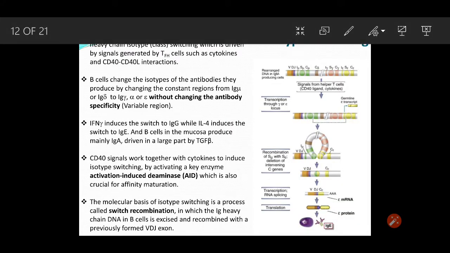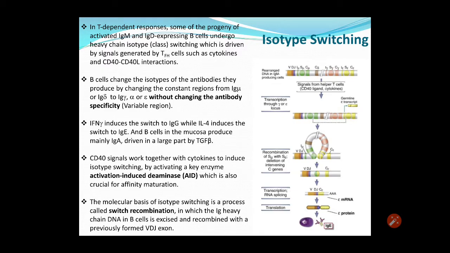Because if you recall in the immunogenetics lecture, I said that initially you get VDJ recombination to create your variable genes in your heavy and your light chain, and downstream of that you have your first C mu.